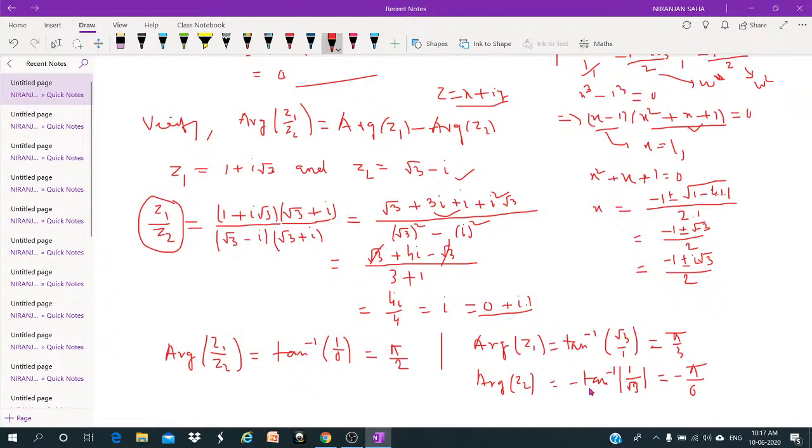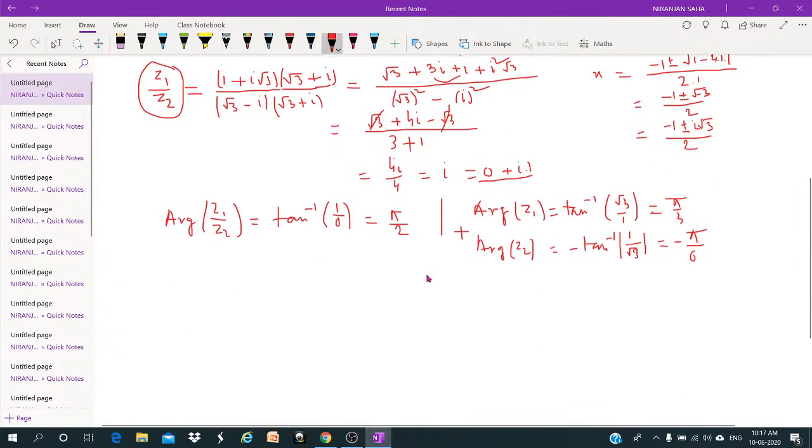Now if we add these up, what will be the value? We will get argument of z1 plus argument of z2 is equal to pi by 3 minus minus, which is plus pi by 6.